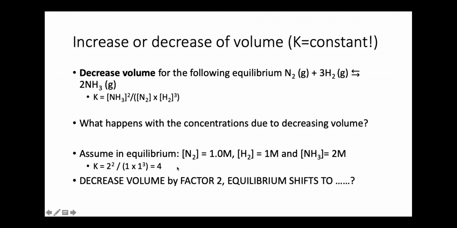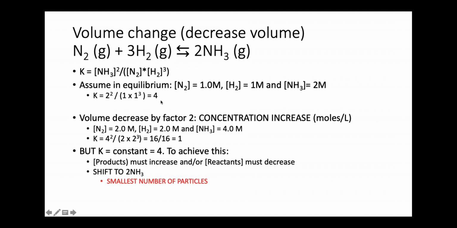Now we're going to look at what happens when I decrease my volume by a factor of 2. Here we have the first situation, K is 4. When I decrease my volume, I increase my concentration, because concentration is moles per liter. If I decrease the volume by a factor of 2, my molarity will increase by a factor of 2.